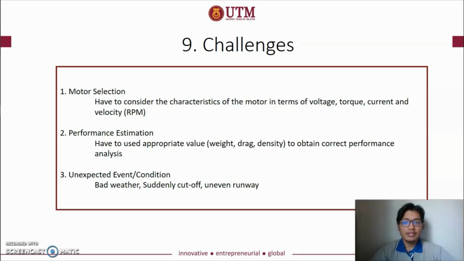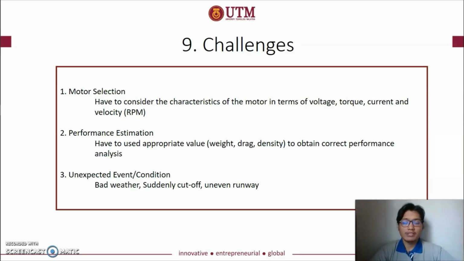The second challenge is performance estimation. In order to get a correct or approximate value of performance, we have to use appropriate values of weight, drag, density, and lift that are correct, to obtain the most accurate performance analysis.